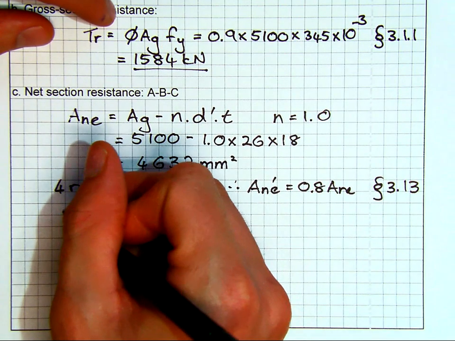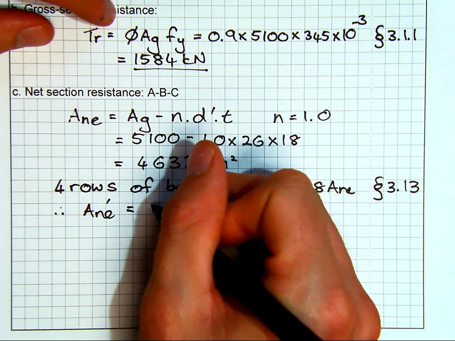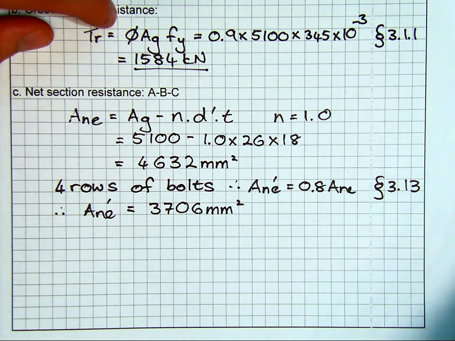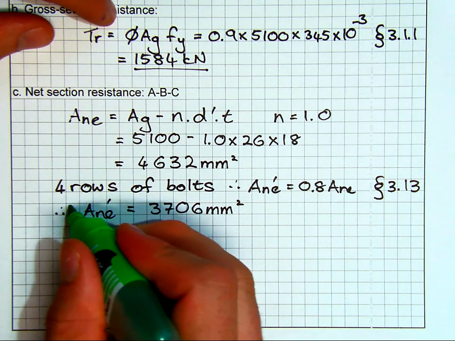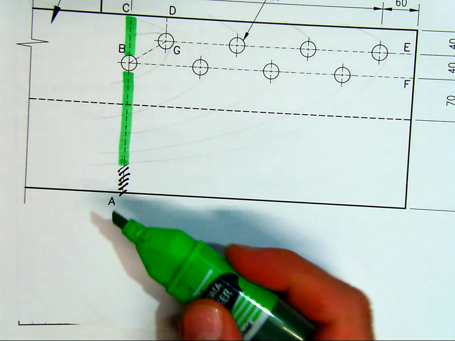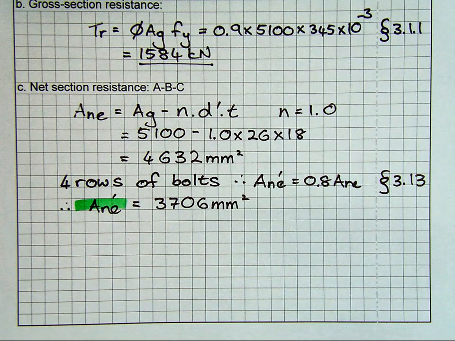Therefore, our effective net area equals 3706 millimeters squared. And this area is what I showed you a few minutes ago, the cross-section with some area lost for shear lag. So it's approximately 20% that we've lost due to shear lag effects and the non-uniform stress distribution.